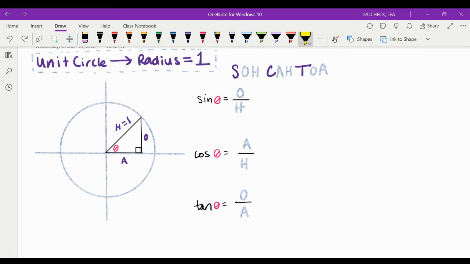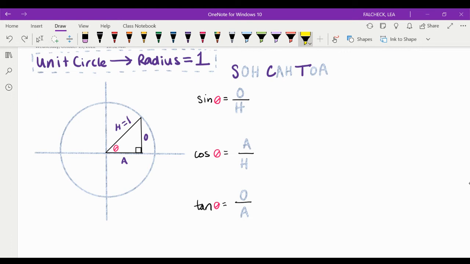The other thing I drew here was just some information about Sohcahtoa. This is the mnemonic device that we use to remind us how to find the trigonometric ratios of sine, cosine, and tangent in a right triangle. So to compute the sine of theta, let's look at our triangle.